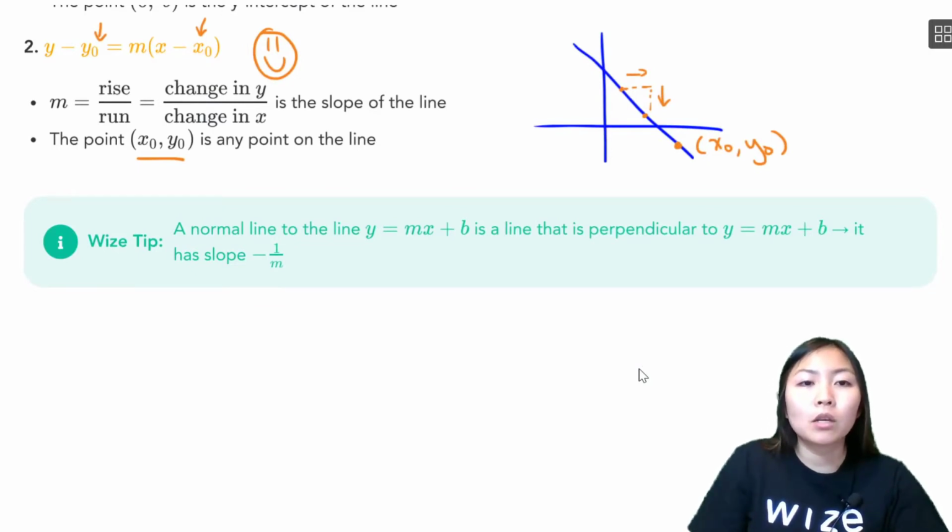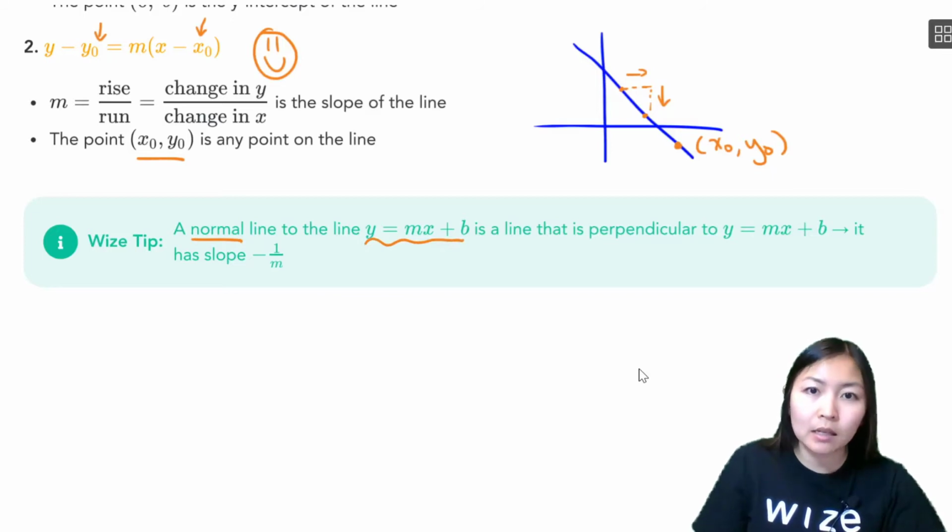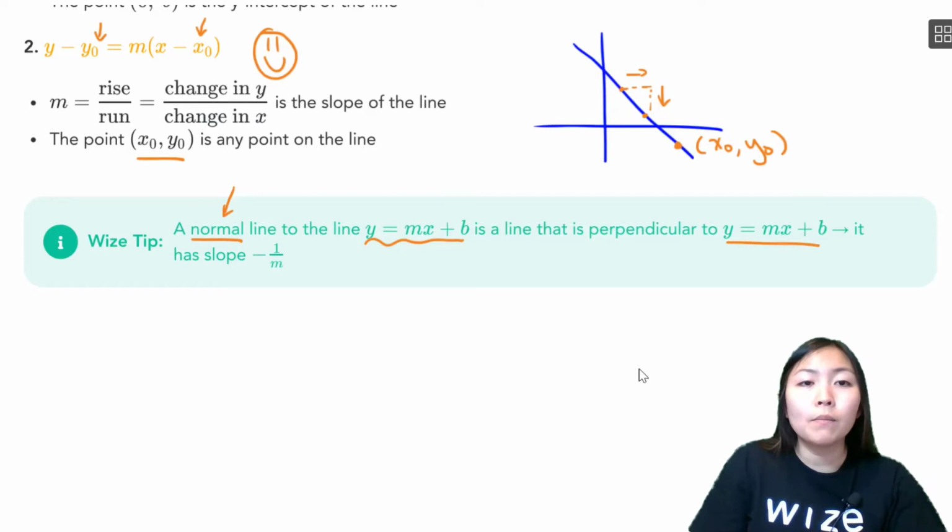We can talk about something called the normal line. The normal line to the line y equals mx plus b, or y minus y0 equals m times x minus x0, is a line that is perpendicular to it. The word normal means perpendicular, which is 90 degrees.